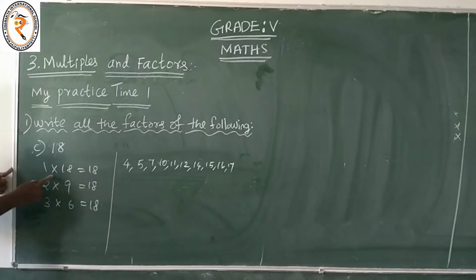So 1 18 is 18, 2 into 9 is 18, 3 into 6 is 18.